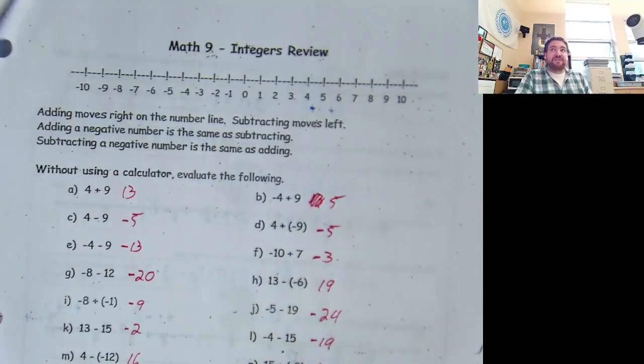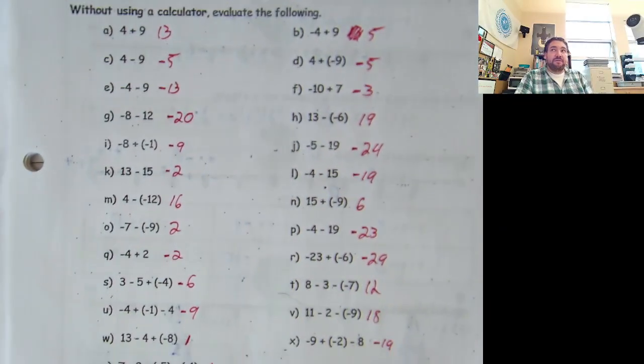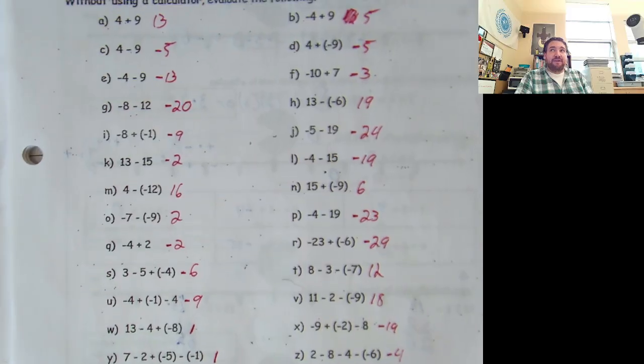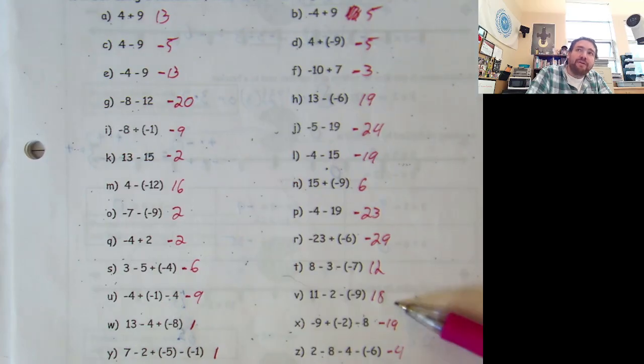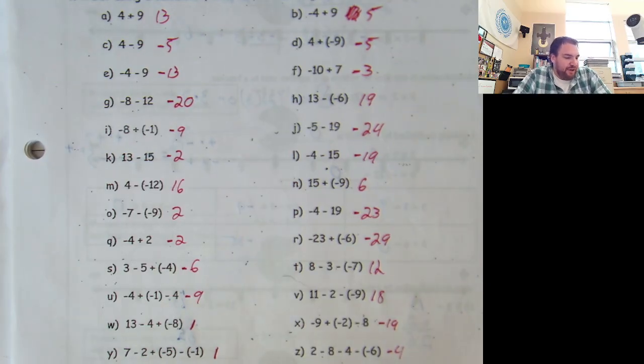And then there was one more page that I gave you. It looked like this. We got lots of adding, subtracting practice yesterday. Does that go all the way down to letter Z? Nope, letter Y. What's the bottom one there? Oh, it does go down to Z. So it's the 4 at the bottom we don't have yet, but there they are.